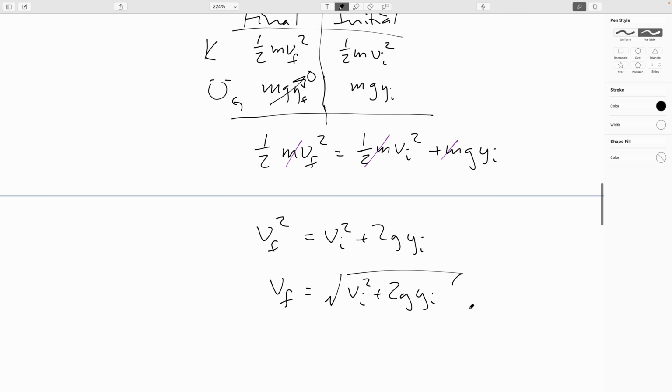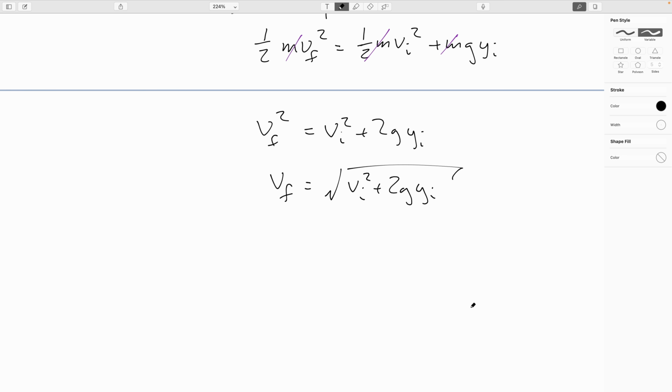All right, so we can go ahead and figure out what that is. We can stick in the numbers and get 10 meters per second squared plus 2 times 9.8 newtons per kilogram times 5 meters.